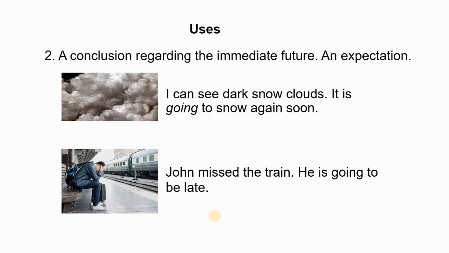He is going is the part of the structure, and the verb is to be. Okay, the verb is to be. He is going to be late. So that is the two uses of this future tense.